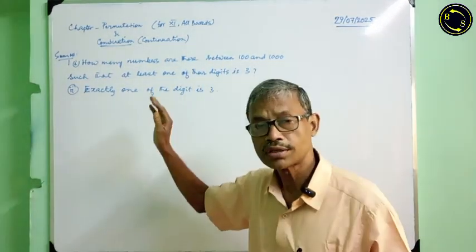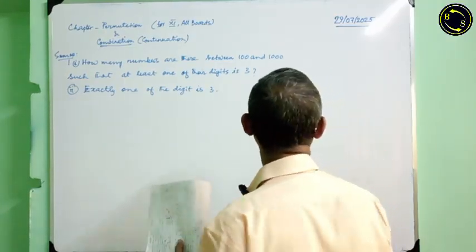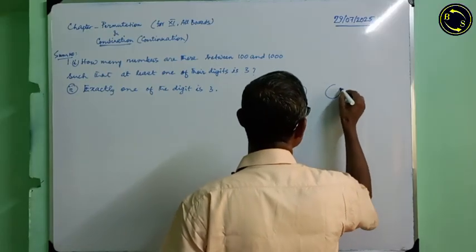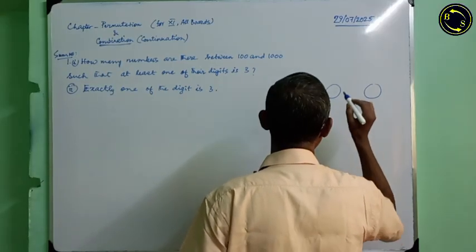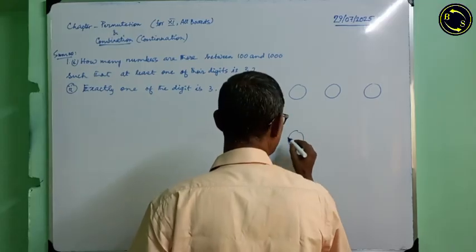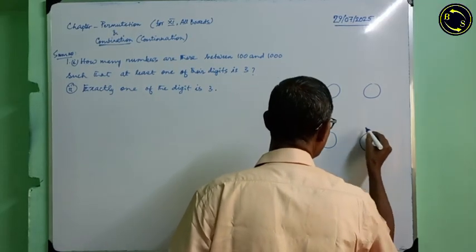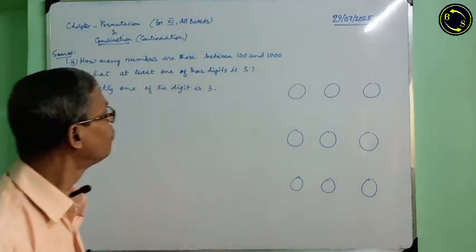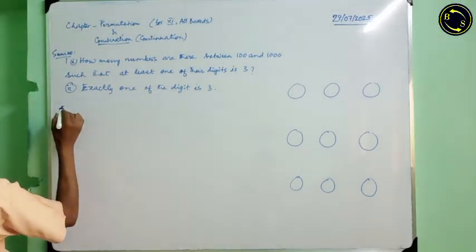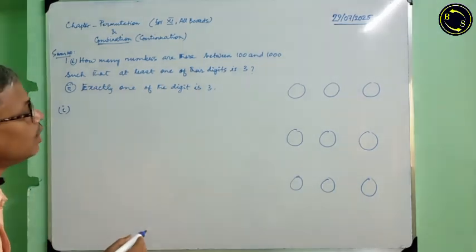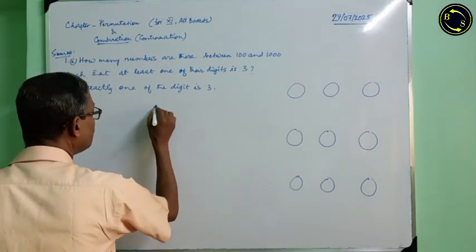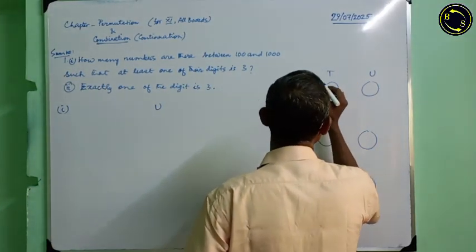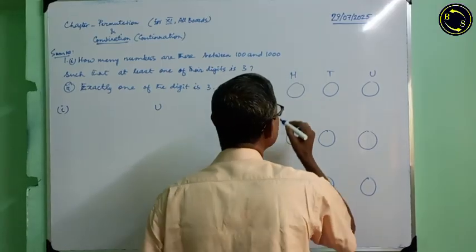To solve this sum, first I draw the diagram like this. Units place, tens place, 100 place.